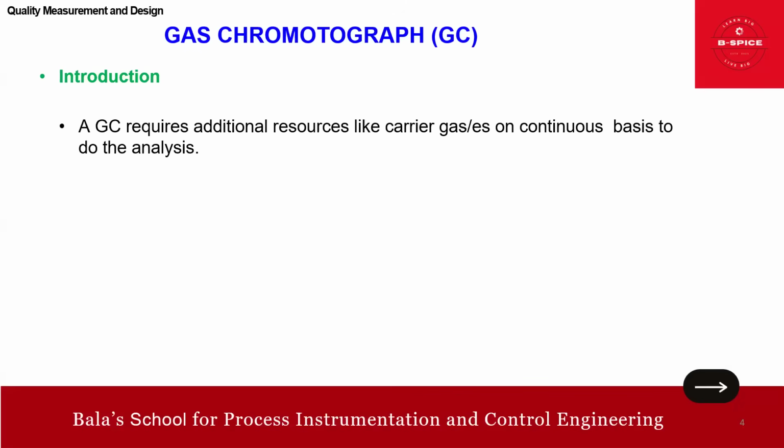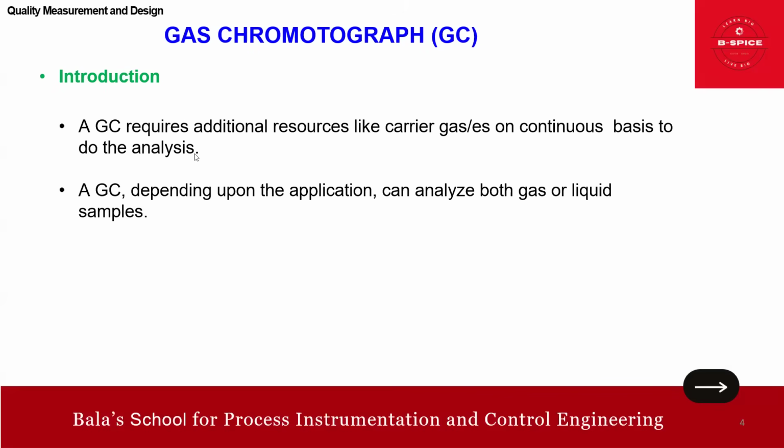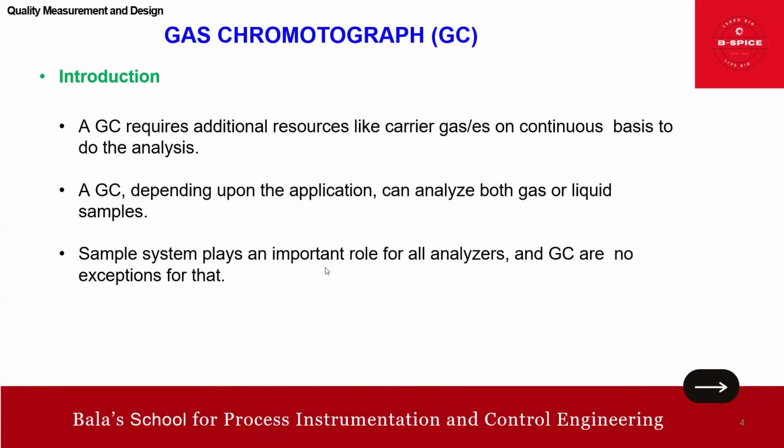A few more points to add. GC requires additional resources like carrier gas on a continuous basis to do the analysis, as we have seen in the first slide. Depending upon the application, a GC can analyze both gas and liquid samples. This is a point to note. The sampling system plays an important role for all analyzers, and GCs are no exception.